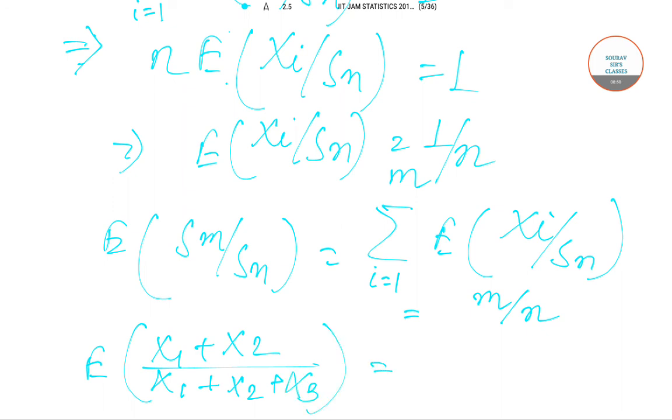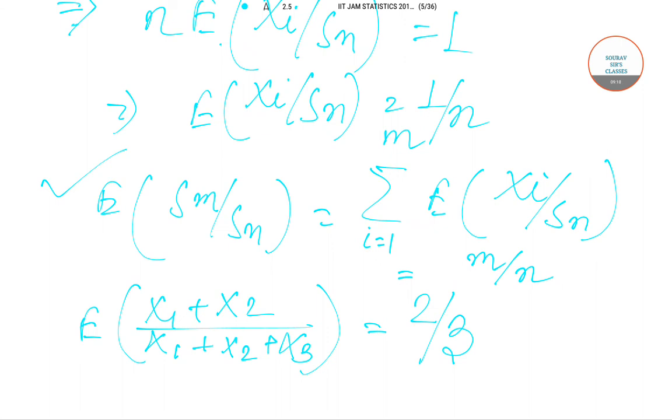As we have already seen that expectation of Sm by Sn is equal to m by n, we can write this as 2 by 3. For this kind of sum you can directly apply this rule of expectation of Sm by Sn equal to m by n. So our answer is 2 by 3, that is option number C is the correct one.